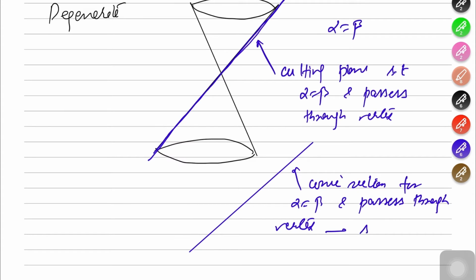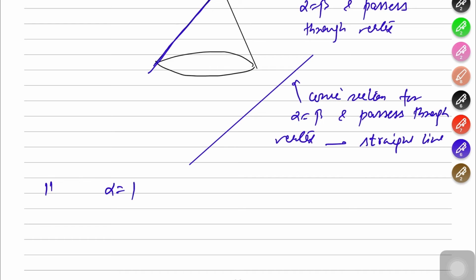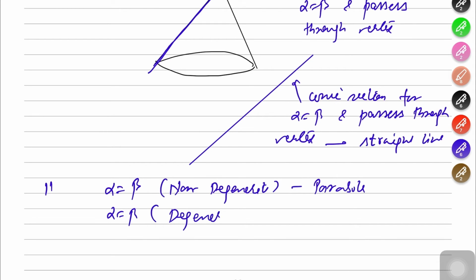We get the conic section as a straight line. So alpha is equal to beta and non-degenerate is a parabola, and alpha is equal to beta degenerate case is a straight line.